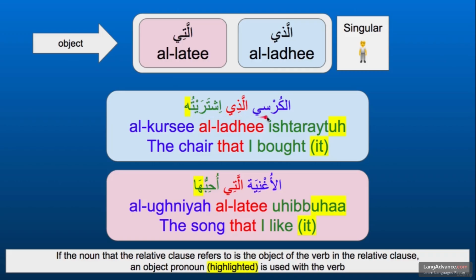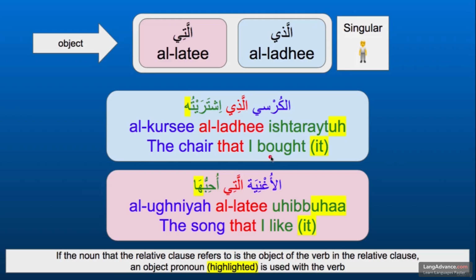So we can say الكرسي الذي اشتريته, the chair that I bought. And here you notice the ha that is part of the object pronoun, which corresponds to the object of bought, that in English we don't include, but in Arabic we have to include.